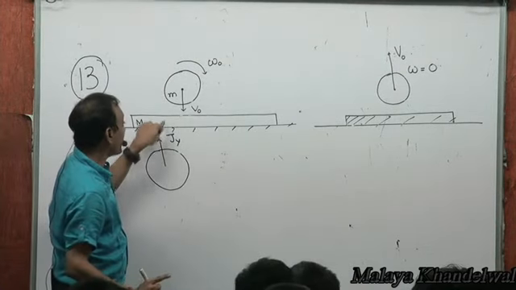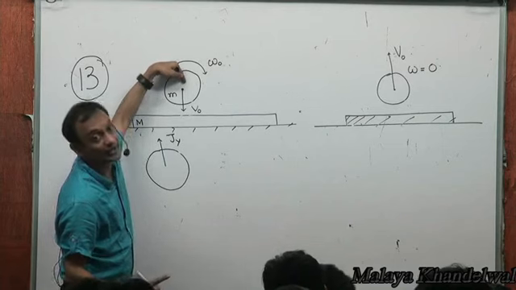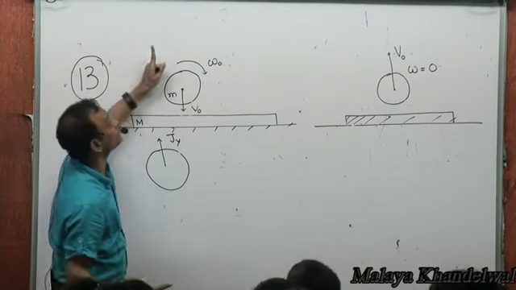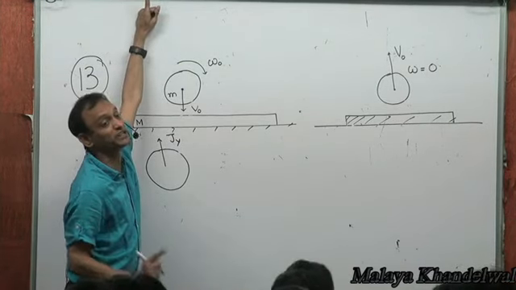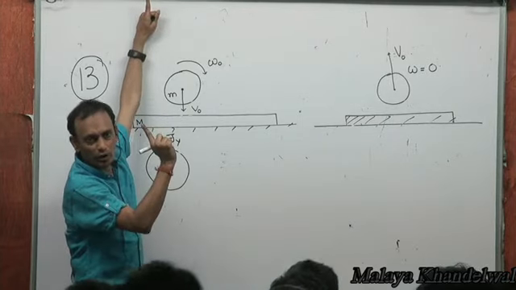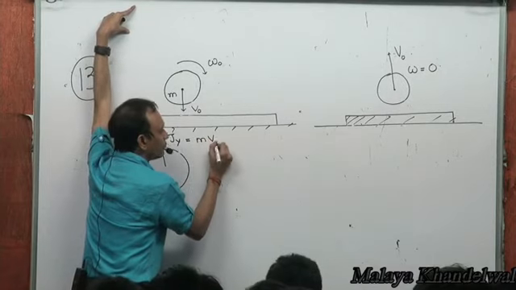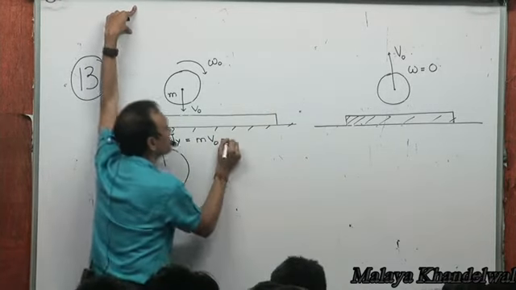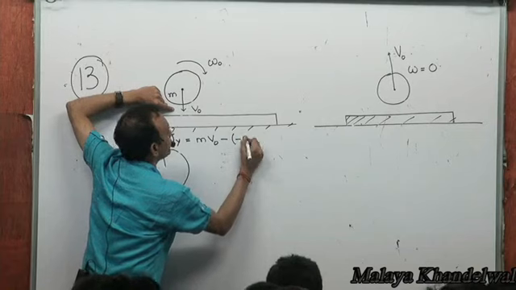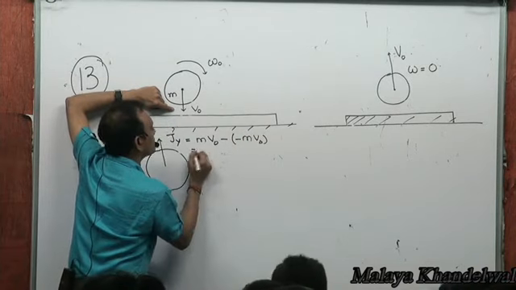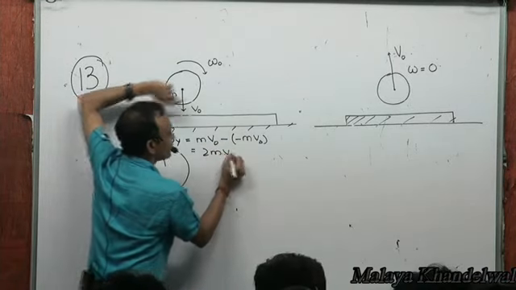That means the plank exerted on the ball an upward impulse Jy, which is final linear momentum of the ball in the upward direction, m v naught, minus initial linear momentum of the ball in the upward direction, minus m v naught. So Jy must have been 2 m v naught. Yes or no?